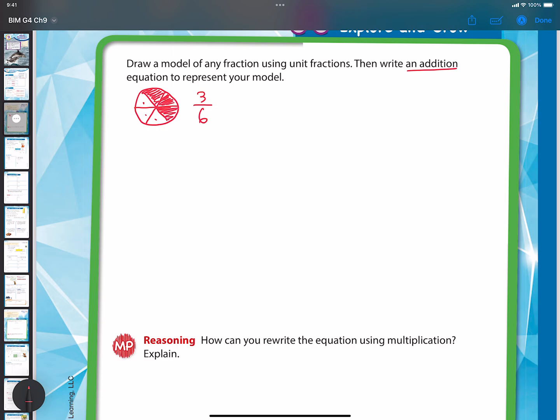They were asking us to write an addition equation using unit fractions. Mr. Lee ate 1 slice out of 6 slices from 1 whole pie, and then he ate another 1/6 slice, and he ate another 1/6 slice. Make sense?